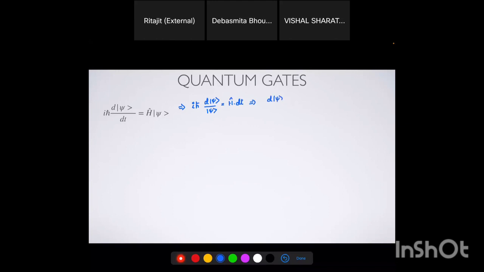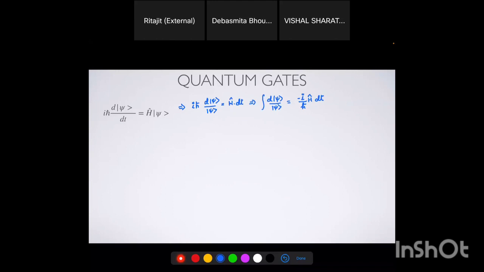So again, d psi over psi is equal to minus i over h bar H dt. What happened here? The i would have gone to the denominator, and I can take it to the numerator by making it minus i.